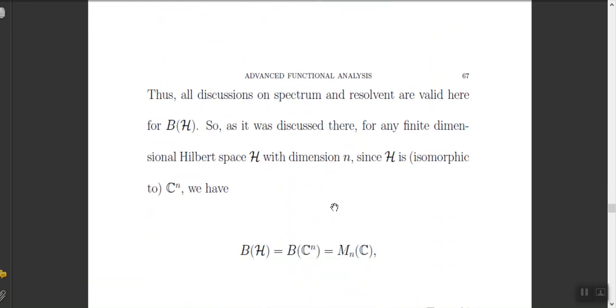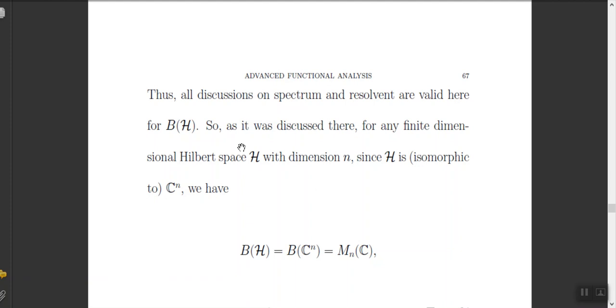Next, we want to talk about the spectrum of bounded linear operators on Hilbert spaces. If you remember, we talked about the spectrum of bounded linear operators on Banach spaces. So, in particular, for Hilbert spaces, all the discussion and the definitions that we gave about the spectrum and resolvent are valid, because every Hilbert space is a Banach space.